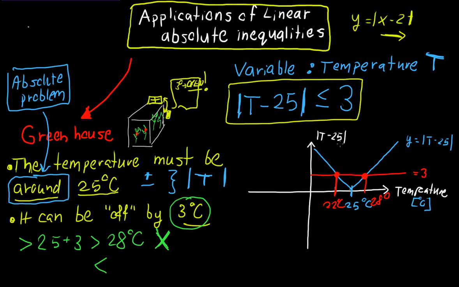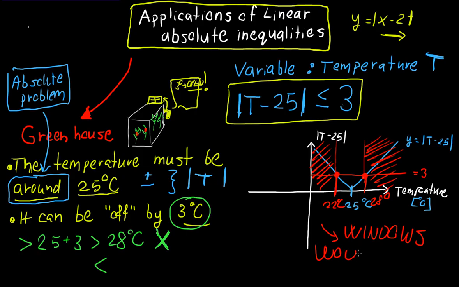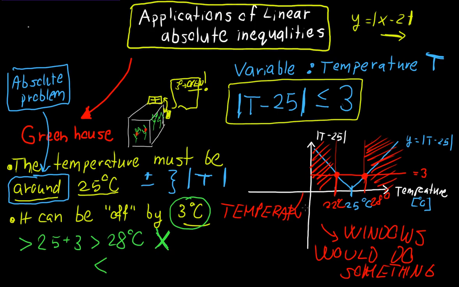So for all the temperatures outside of this range, the windows would do something, simply because the temperature is not ideal.